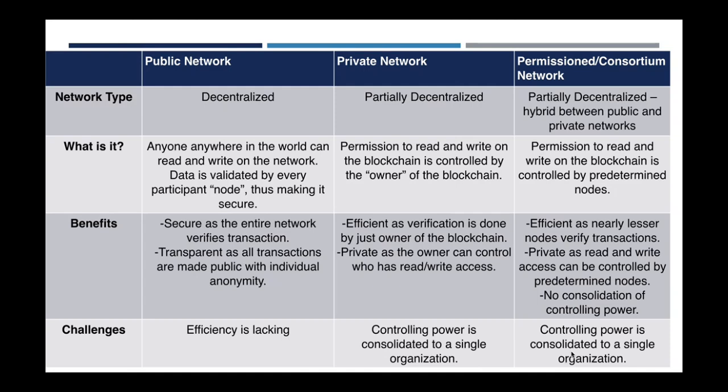In the case of a consortium network, the controlling power is consolidated to a single organization that has formed the consortium and is acting as a leader of the consortium. If you don't understand more about consortium, when we get to the next sections, you will understand what we mean by forming a consortium and other topics around it. So don't worry.